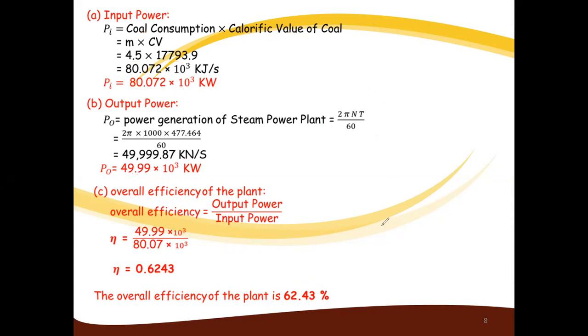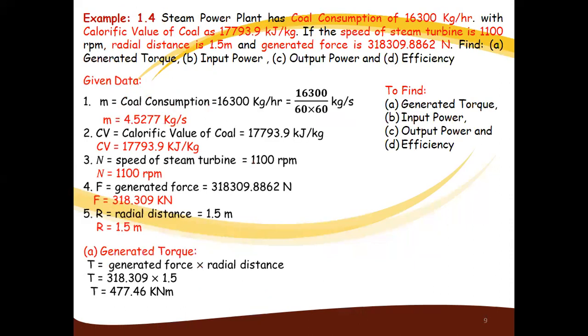So this is the third problem. Fourth problem will be there. In that, this problem has a steam power plant with coal consumption of 16,300 kg per hour with calorific value same as the last problem, 17,793.9 kilojoule per kg.